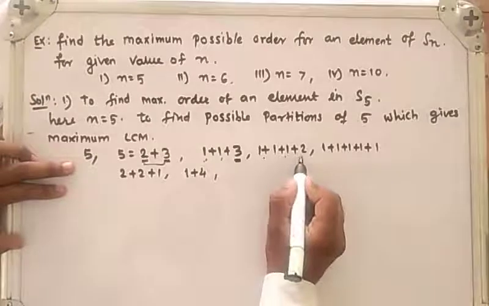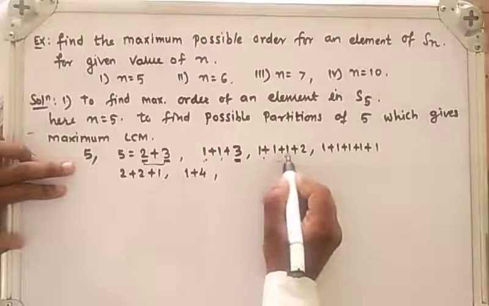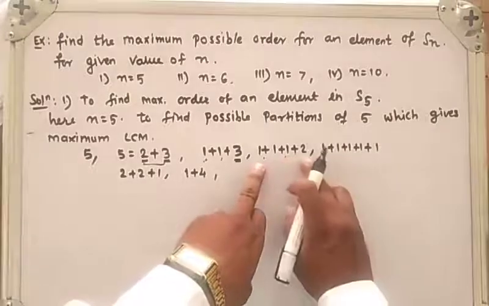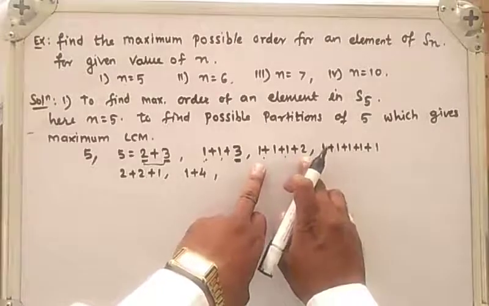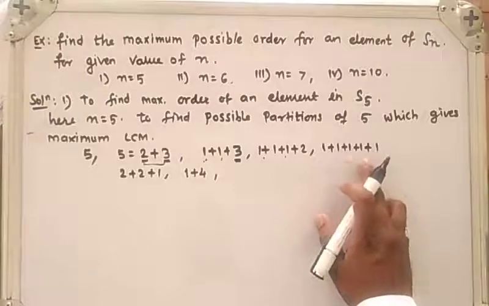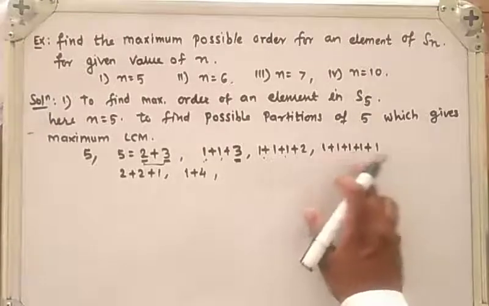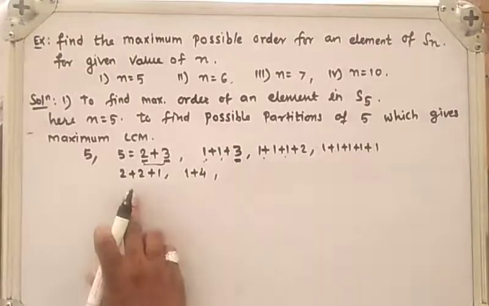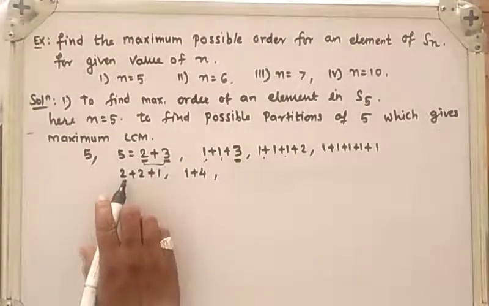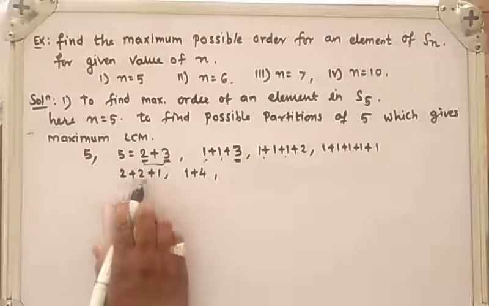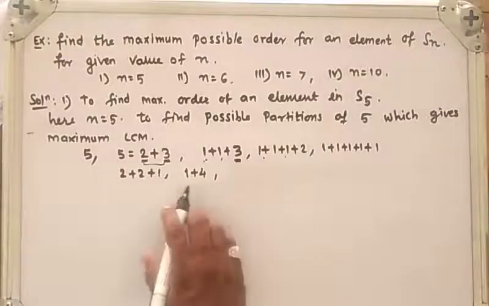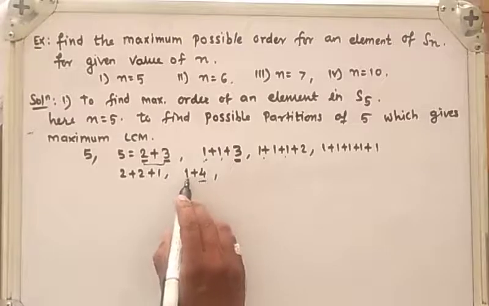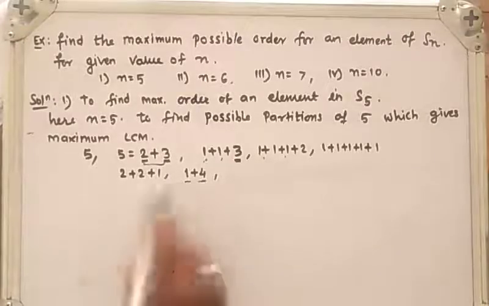Next, 1 plus 1 plus 1 plus 2 means 3 cycles of 1 element and 1 cycle having 2 elements. The last, 1 plus 1 plus 1 plus 1 plus 1, has 5 cycles of 1 element. Here 2 plus 2 plus 1 means 2 cycles having 2 elements and 1 cycle having 1 element, and 1 plus 4 means 1 cycle having 4 elements and 1 cycle having 1 element.